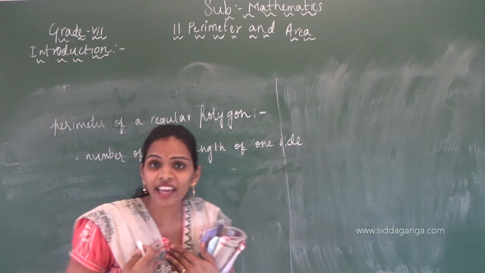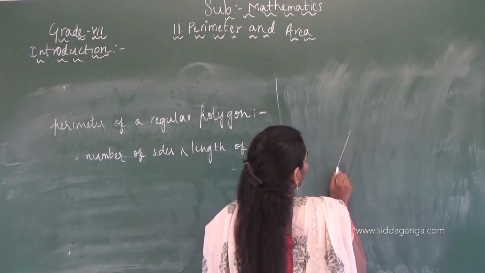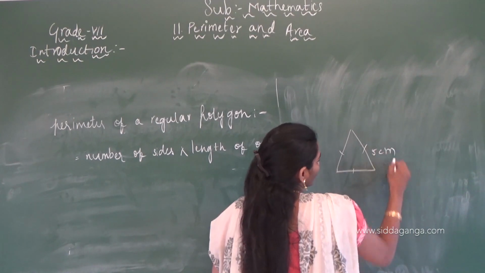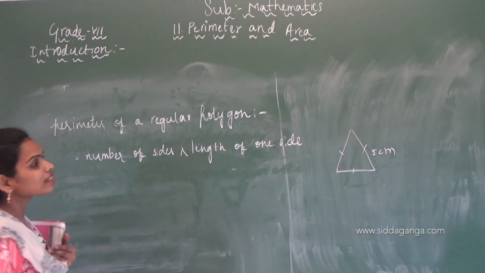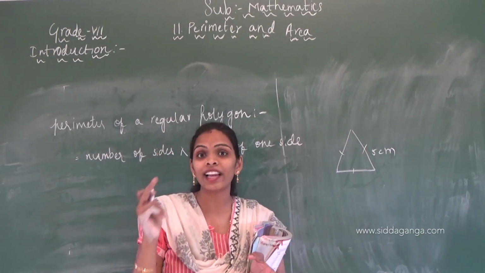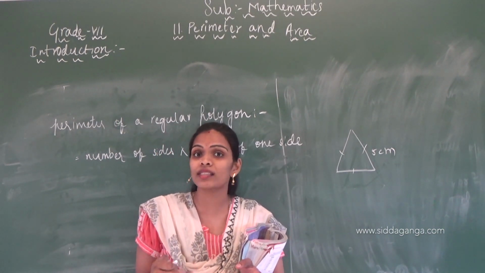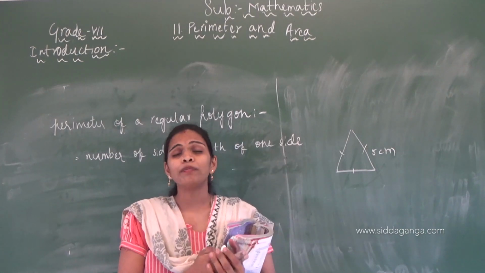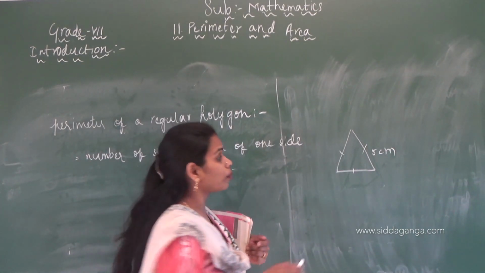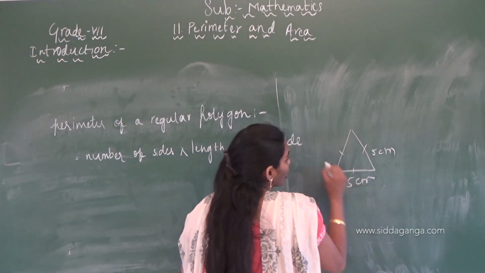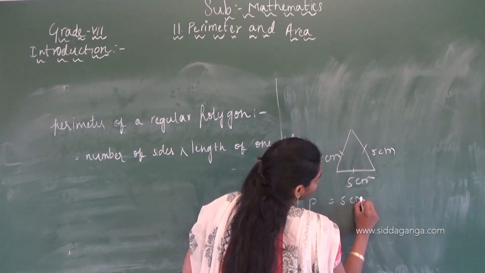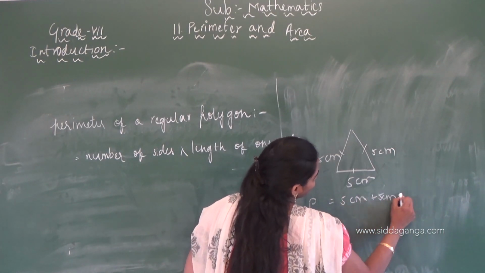Suppose I take an equilateral triangle, all sides are equal with 5 centimeters. In the case of a triangle, A plus B plus C is the perimeter. If I use that formula, I have to do 5 centimeters plus 5 centimeters plus 5 centimeters.